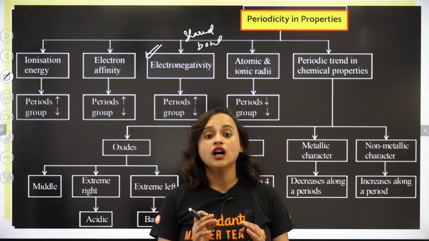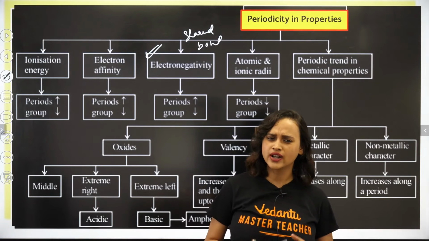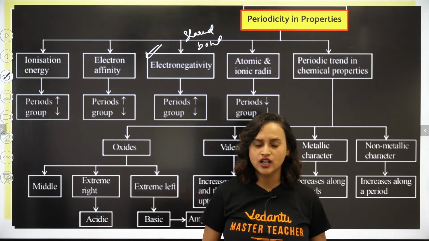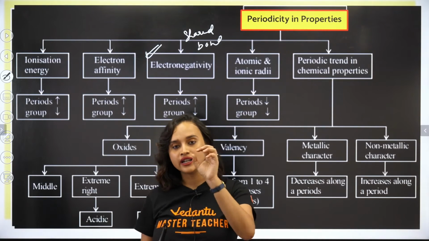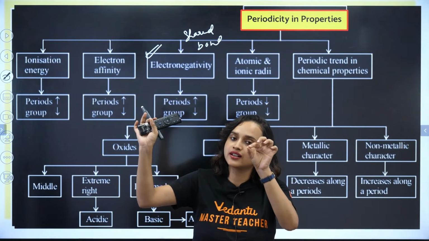Now, atomic and ionic radii. What is atomic and ionic radii? It is basically the distance from the center of the atom to the last electron.